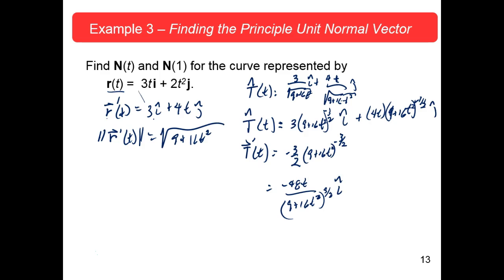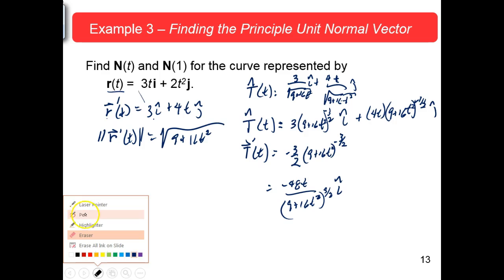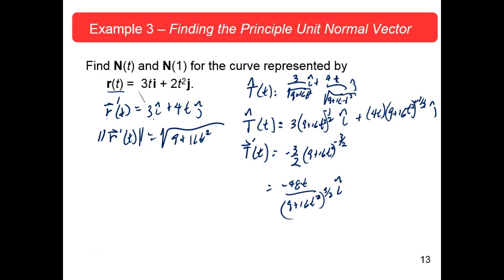Now the j component is even worse. Okay, product rule. Okay, let me clean up this just so you can read it better. Okay, that's a 9. All right.